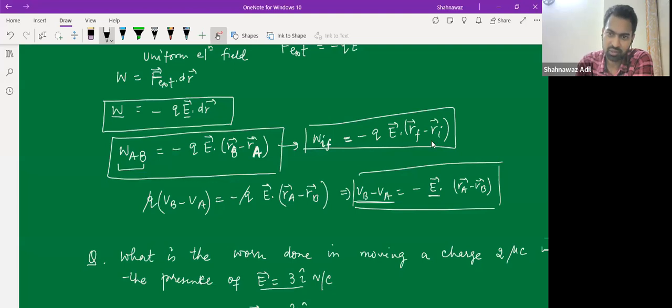Please correct this, guys. Sorry about that. So then this would be RB minus RA. Did you guys correct this part?